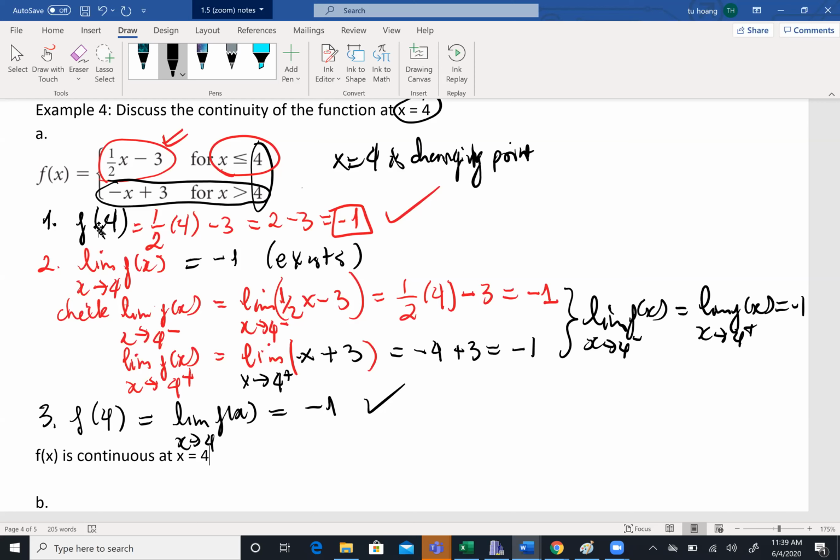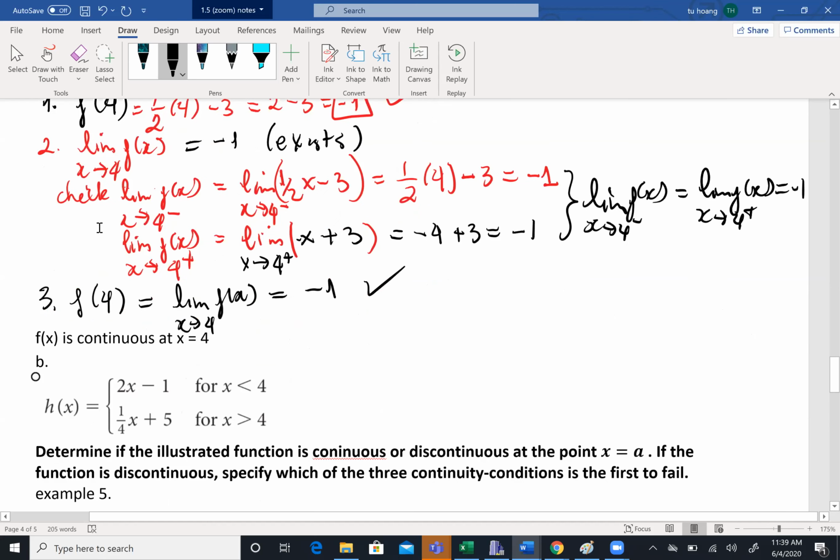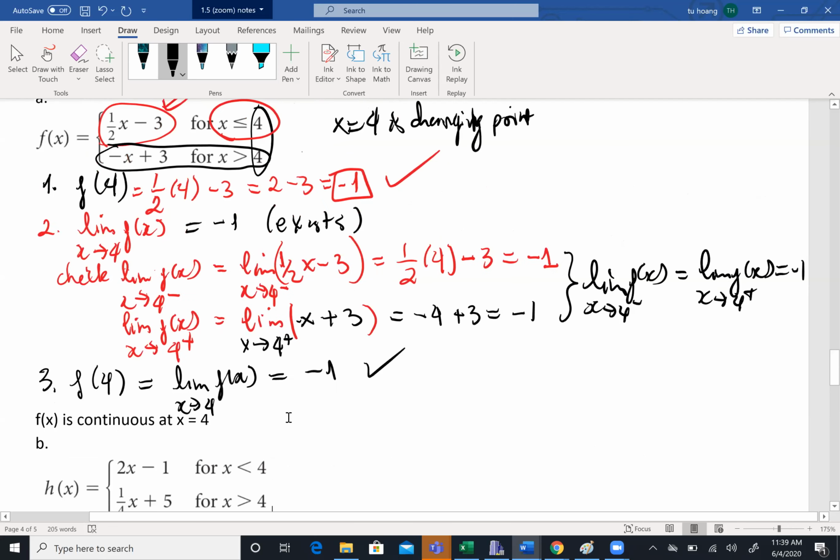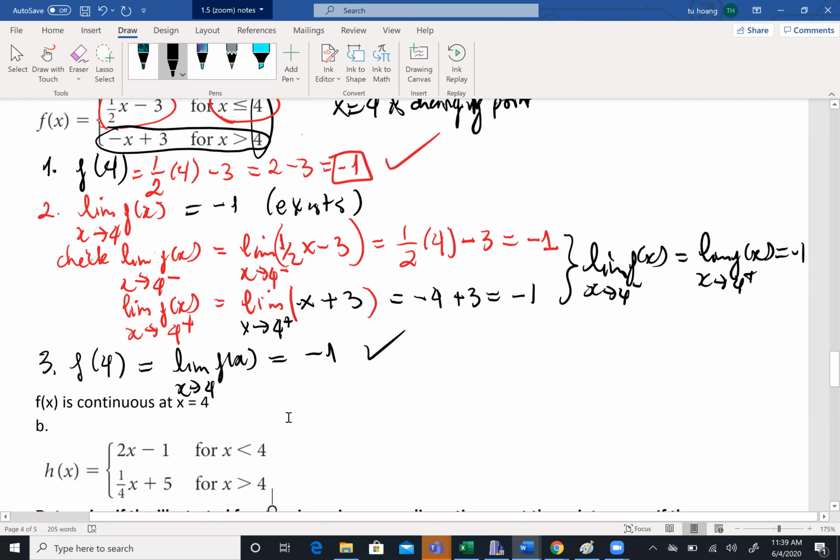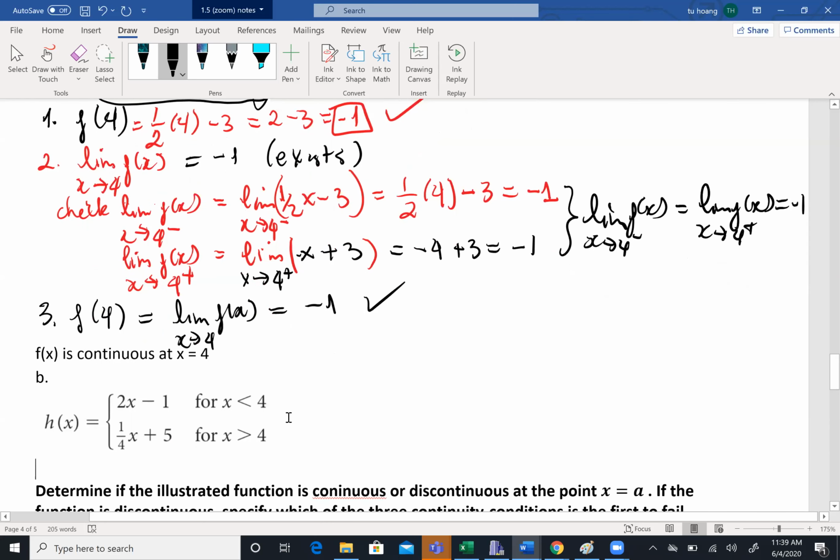Okay, so even though it is a piecewise function, and the point that we are checking is at the changing point, it may still be continuous. Now, point B here, we are still checking the conditions at x equal to 4.